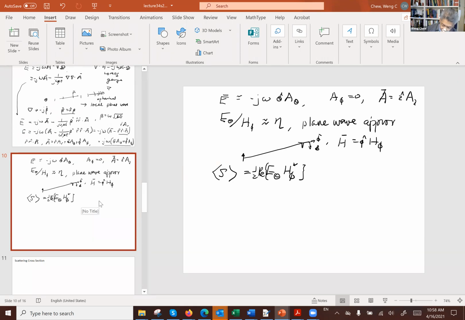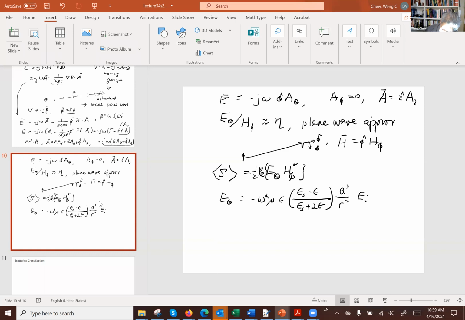You can find that E theta would be equal to minus omega squared mu epsilon. Let me see if I see this correctly. And if you write this out in detail, it will be given by epsilon s minus epsilon over epsilon s plus 2 epsilon, a cubed over r squared, E sub i.